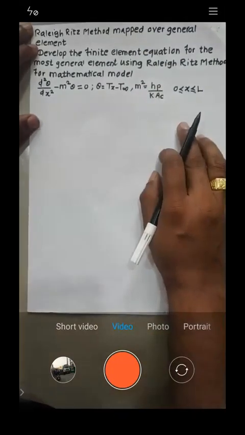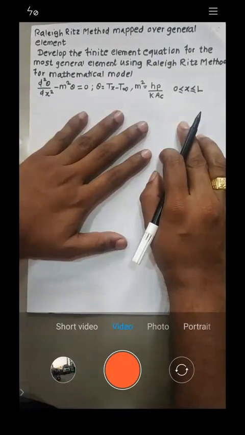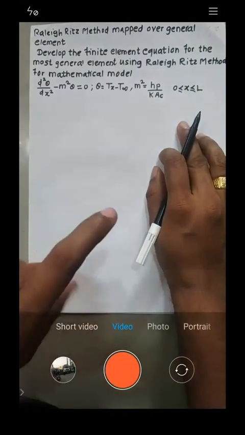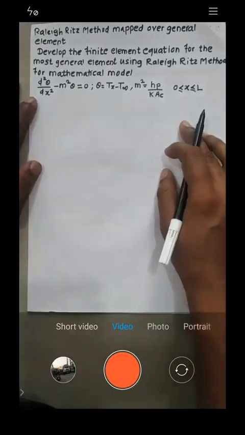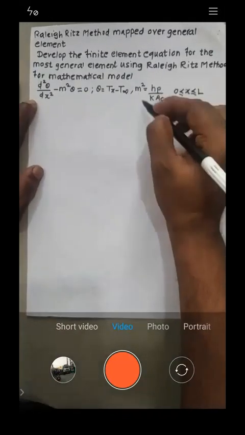So see, by just seeing at this formula, you might have understood that whatever the equation that you're going to derive, it is for a fin. Yes or no? This formula is basically applicable for fin, right?